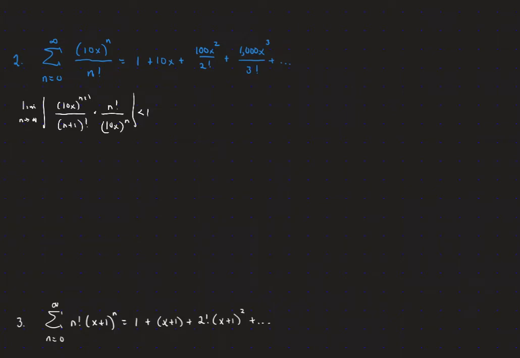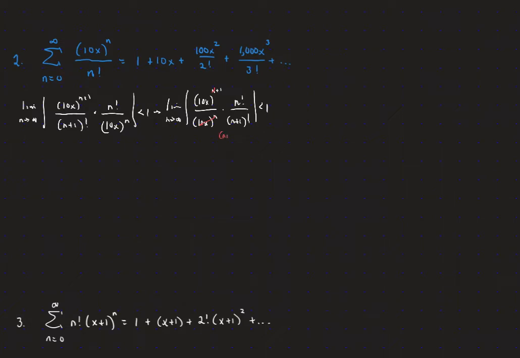So I'm going to write this as the limit as n goes to infinity, and we're going to have the 10x to the n plus 1 over 10x to the n, and we're going to have an n factorial over an n plus 1 factorial. So we can cancel all but one of those 10x's.